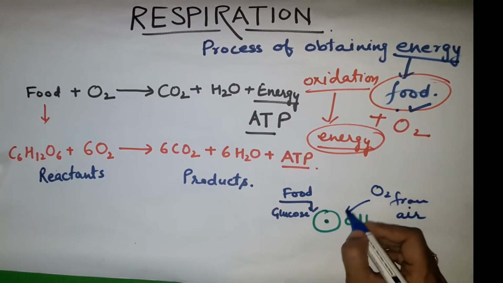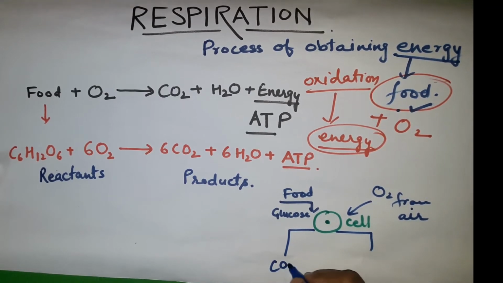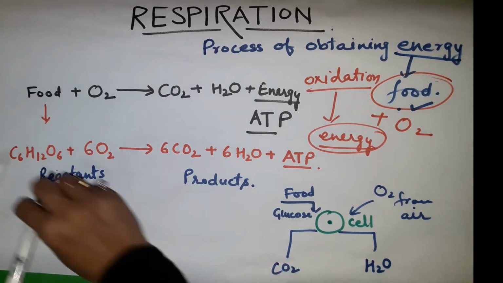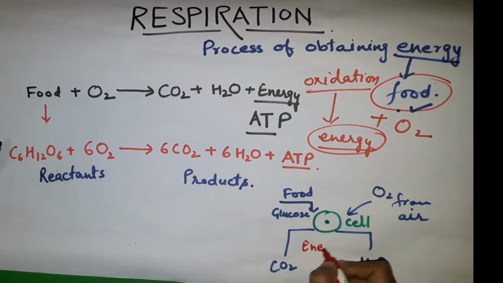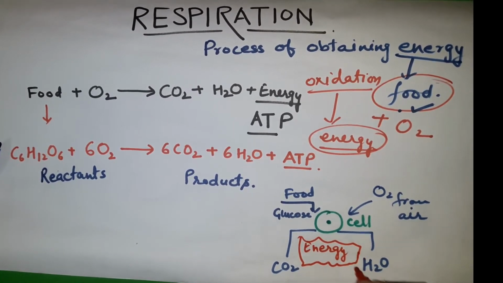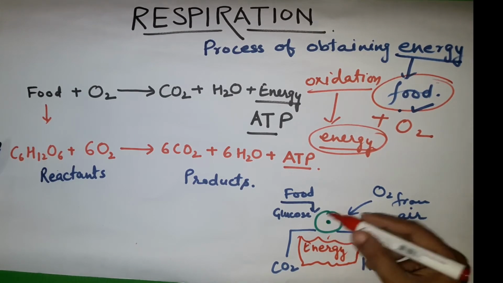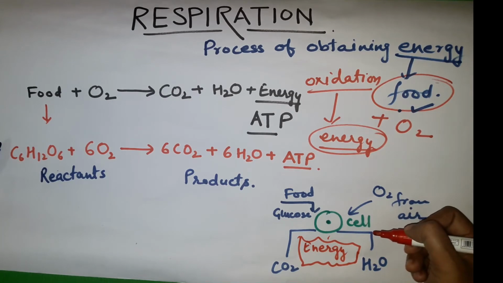And what will they release? They will release carbon dioxide and water, and there will be a huge amount of energy, which will be utilized for the activities of the cell. Inside the cell it is required.